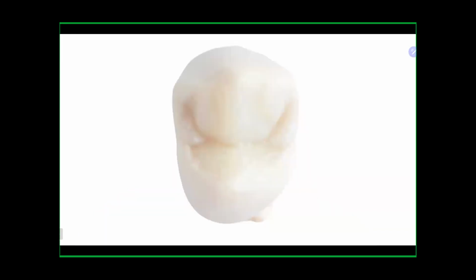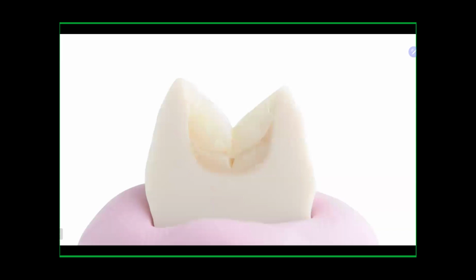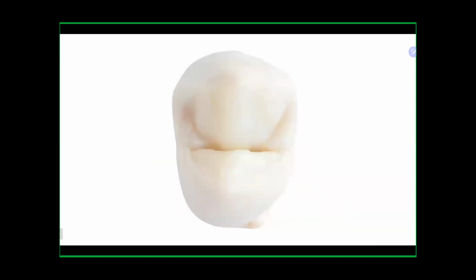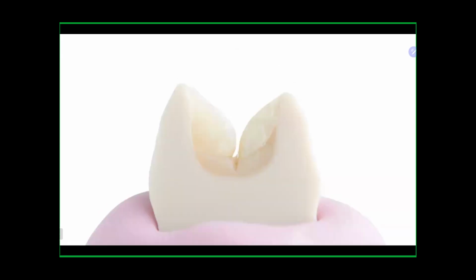So I spread the resin. You can see that the groove is not well defined. So I will open the sulcus, this groove, sorry, and then I will close this resin again.